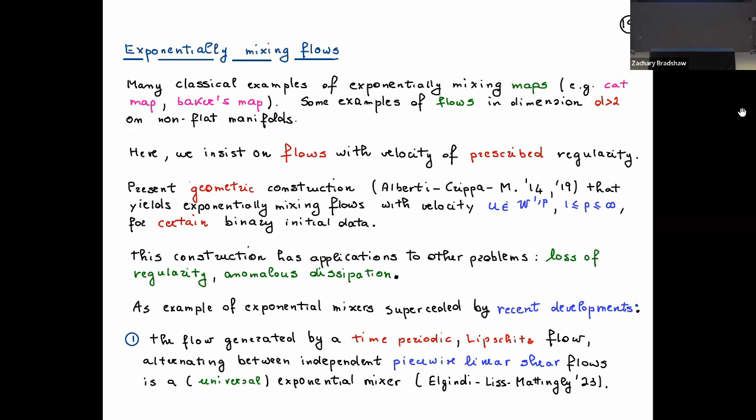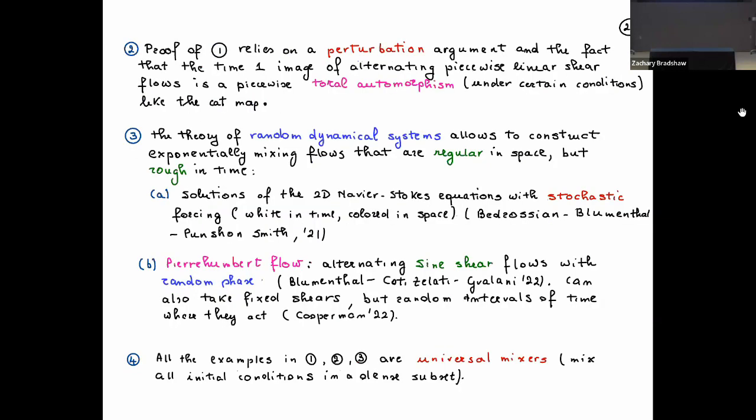The point is that they prove that if you take a certain time periodic Lipschitz flow, which is obtained by alternating independent piecewise linear shear flows, that is in fact exponentially mixing. And this is a universal exponential mixing. I tried with my collaborator to prove this also for years, but we failed. And they have a very clever way to do this, as I understand it.